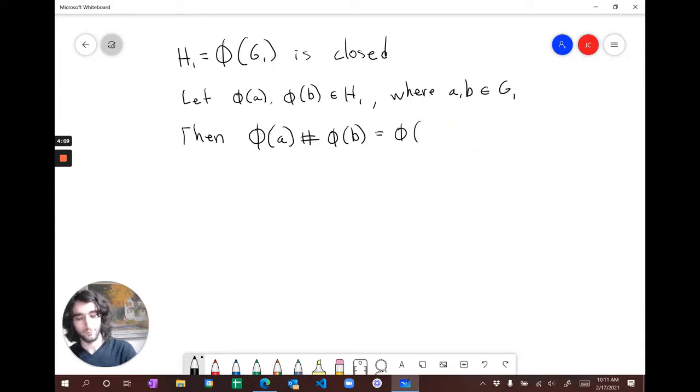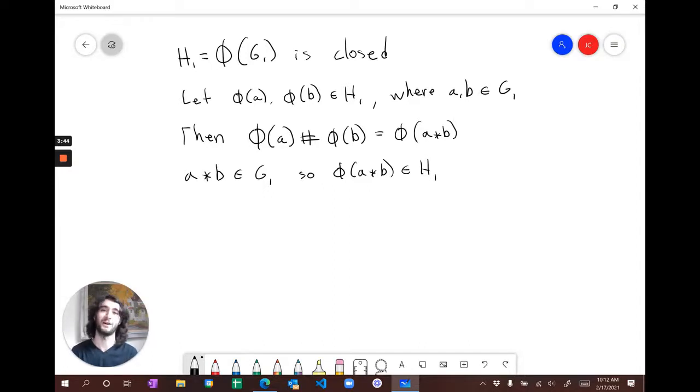So the product of A and B over here in G must be in G1: A star B is in G1 since G1 is closed. So phi of A star B is in H1, because that's the meaning of H1, the image of everything in G1.